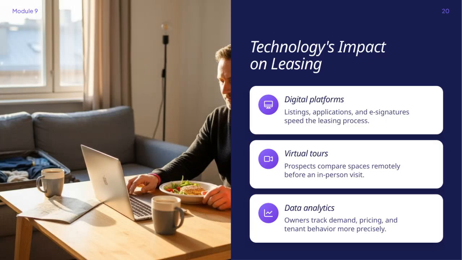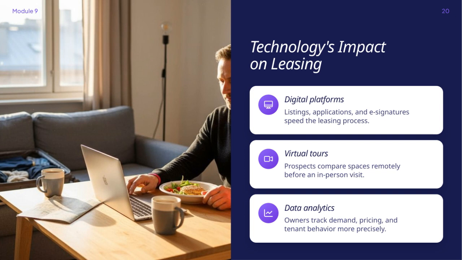Technology has significantly transformed the leasing process in several key ways. First, digital platforms have streamlined how we handle listings, applications, and even e-signatures, making the entire leasing process much faster and more efficient. Virtual tours have also become a game changer, allowing prospects to explore and compare spaces from a distance before deciding to visit in person.